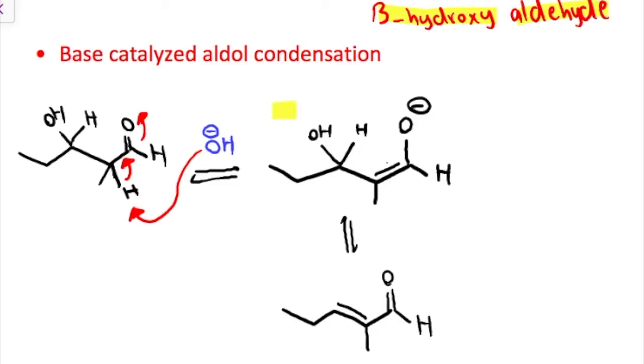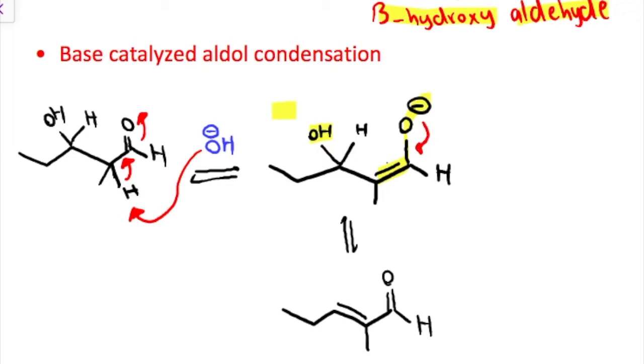Now we know that OH groups are usually bad leaving groups. You have to first make them a good leaving group by protonating them, so OH2 plus, and then they can leave as water. So in general, they're bad leaving groups. But here, because we have this carbonyl group right here, it actually helps to kick out that OH group.